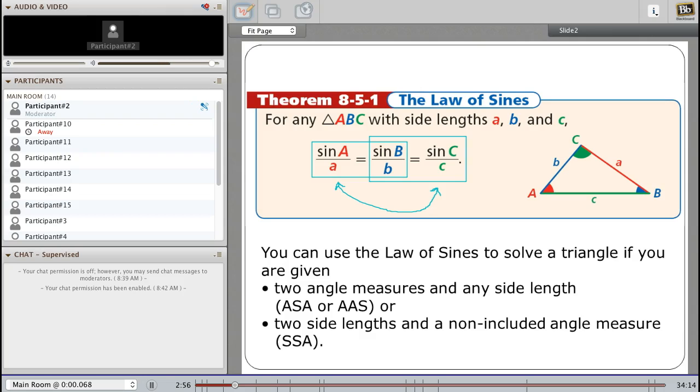Yes, good. So exactly, you guys got the pattern. So it's always the sine of the angle over the side across from it, the corresponding side, right? We've talked about this before. If you have a triangle, the capital letters are the way we name the angles of the triangle, and then the side that's opposite that angle, we use a lowercase letter, the same letter, to name the side.